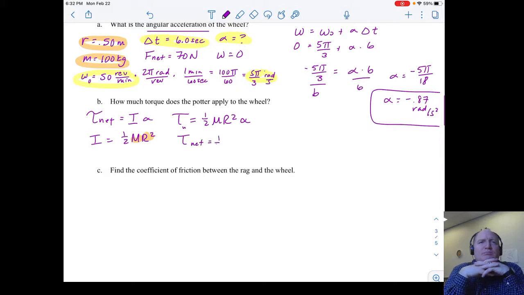So the net torque is 1/2 times 50 times 0.5 squared times negative 0.87. So 1/4 of 50 is 12.5, times negative 0.87. And I would put that into my calculator, and I get negative 10.9. Nice. And the units on that are Newton meters.